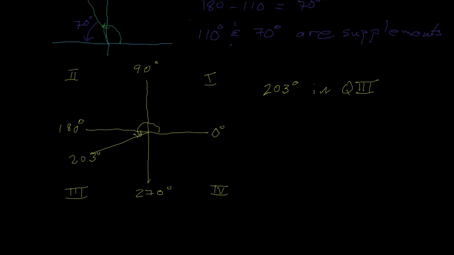All right, now a couple of things. Let's say I've got an angle of negative 300 degrees. Now we have to think in terms of rotating in the negative direction. So this is also negative 90. These two are coterminal, remember. If I'm going in the negative direction, this is negative 180. This is negative 270.